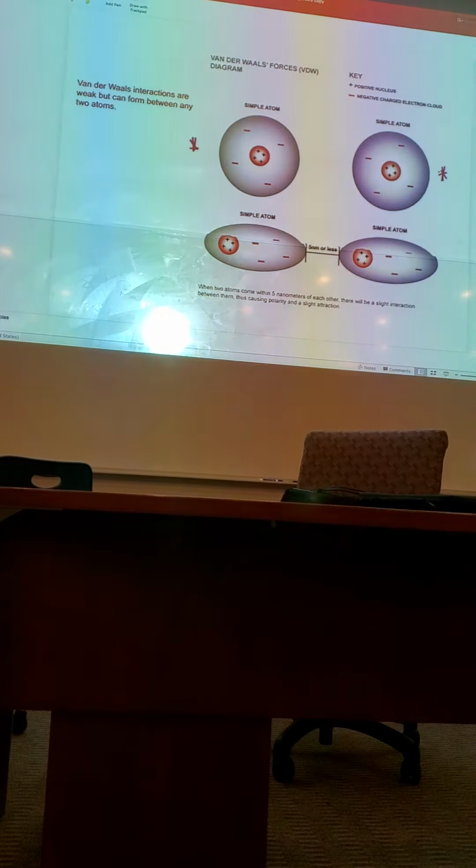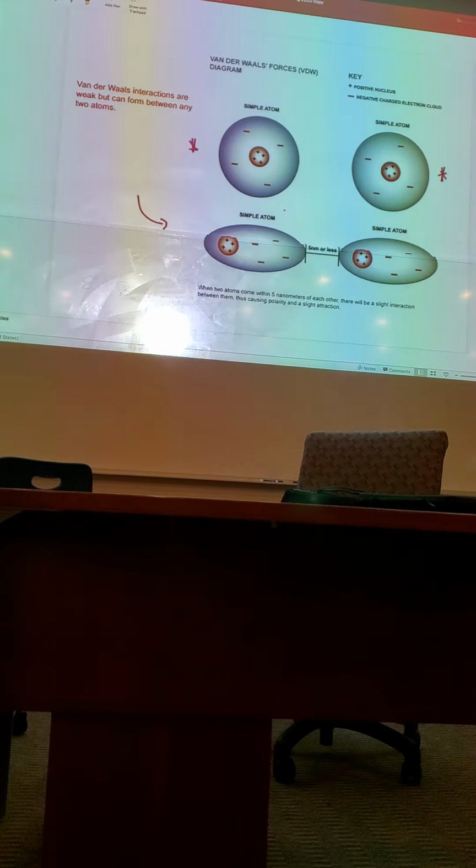But imagine what happens as you continue to move them closer together. That's what this picture is meant to show down here. As you move those atoms even closer still, the electrons of one atom will begin to push the electrons of the other atom to the opposite side of its positive charge. So they're repelling one another, and the electrons begin to spend most of their time away from the other atom because of this repulsion.